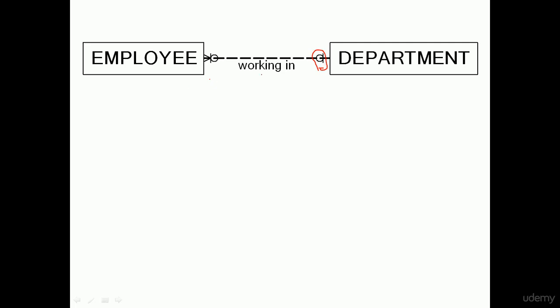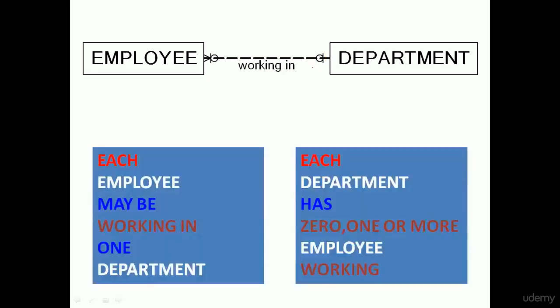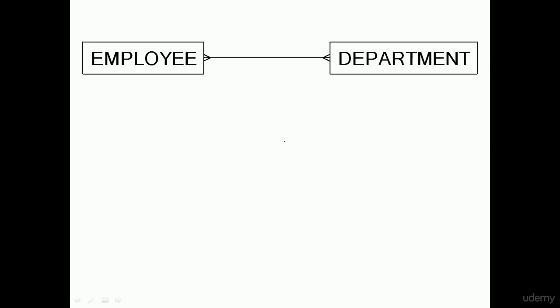Each employee may be working in one department. From right to left, it is going to be the same. Each department can have 0, 1 or more employees working. This is a many-to-many relationship. It means that each employee may be working in many departments and each department may have many employees working.